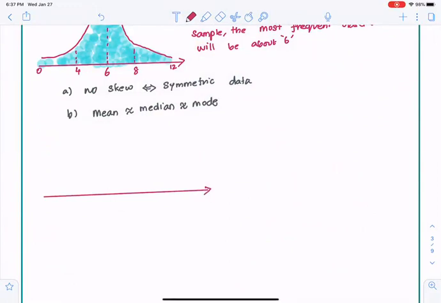So the next case is where we have observations. Let's say we have a bunch of observations over here. So each observation, I'm just piling it up. So whole lot of observations between, say, 0 and 4.